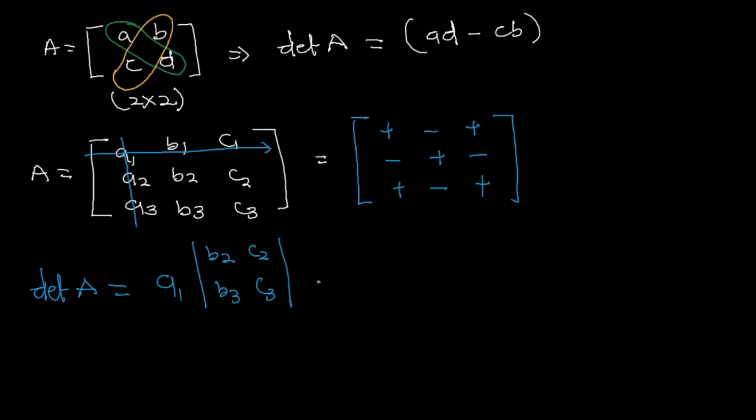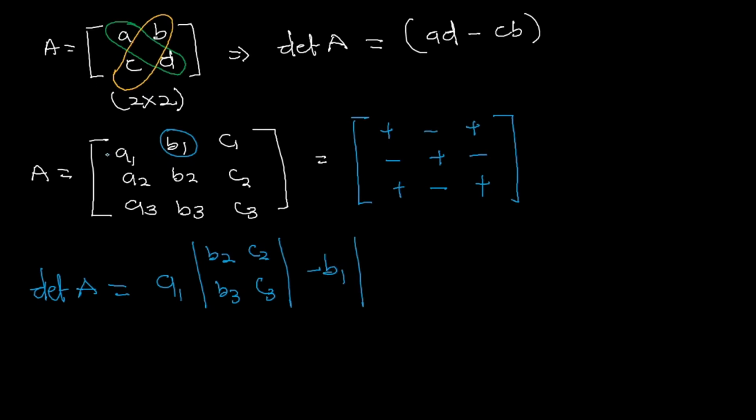Then the next element we pick is B1. Now if we take B1, B1 has the sign of negative, so it becomes negative B1.